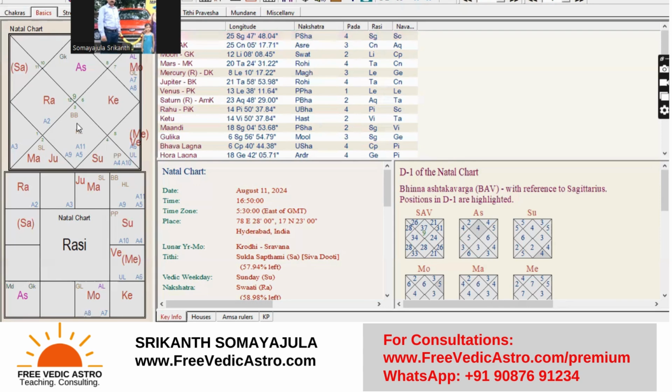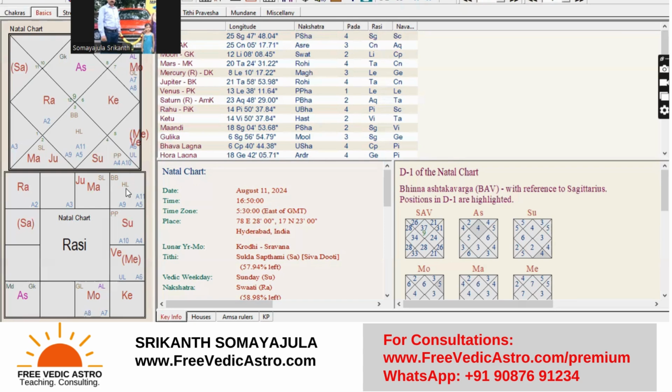Similarly, you have to calculate 8 padas here in Gemini. Gemini starts with Mrigashira second pada, third pada. So Mrigashira third pada, Mrigashira fourth pada, those have formed 2 padas. We have to count till we count 8 padas. Then after Mrigashira we have Ardra, then we have Punarvasu. So the seventh house cusp falls in Punarvasu.